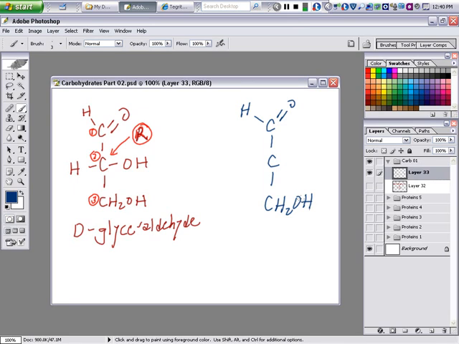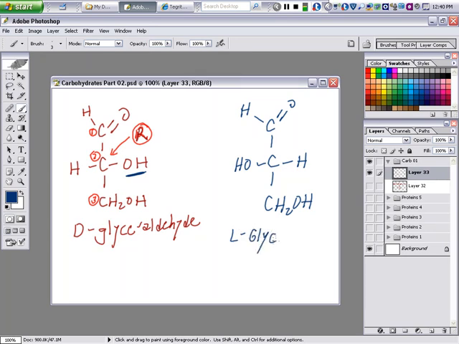Now, to make the mirror image, as a Fischer projection, instead of putting the OH on the right side, which makes it R-glyceraldehyde, we'll put the OH on the left side. And that's going to make this L-glyceraldehyde.